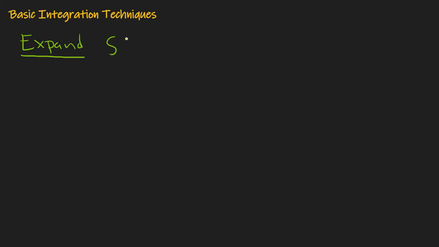We mean that if we have something like the integral of (e to the x plus 1) squared dx, well, if we expand it as the integral of e to the 2x plus 2e to the x plus 1, now it's a lot simpler to integrate this. So this is one of those techniques that we can apply as needed as it relates to how we solve something like this.